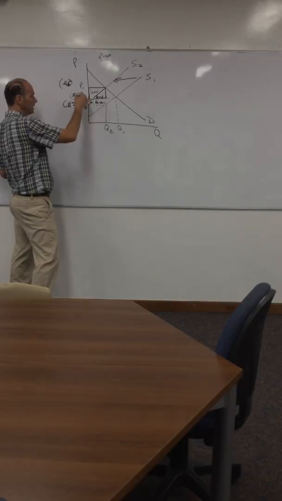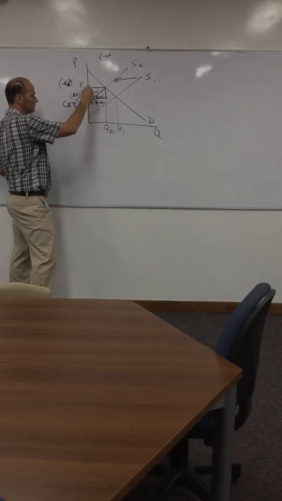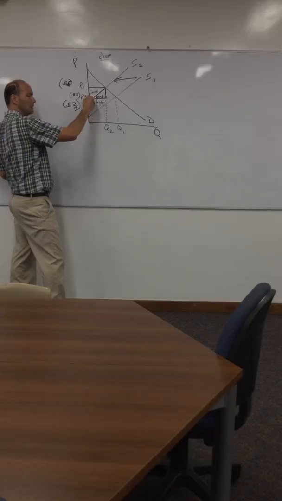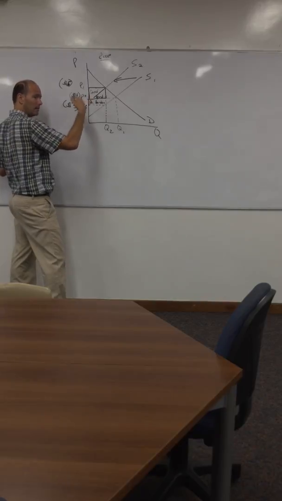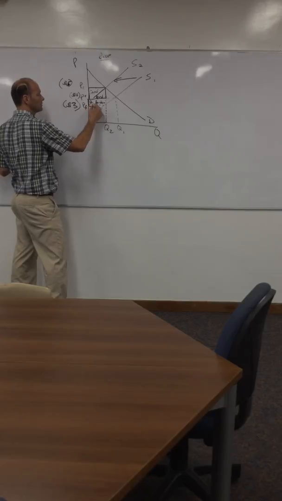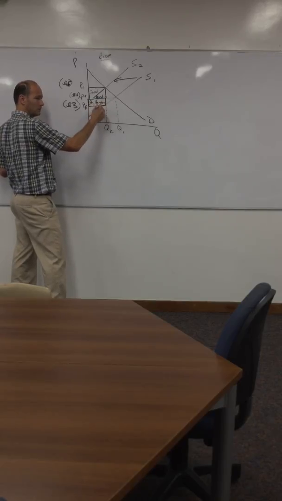Okay, for producers, they had received 4, now they receive 3. So these should actually be equal, right? So producers actually pay, as their portion of the tax, 1 times Q2, this box. That's the producer burden.